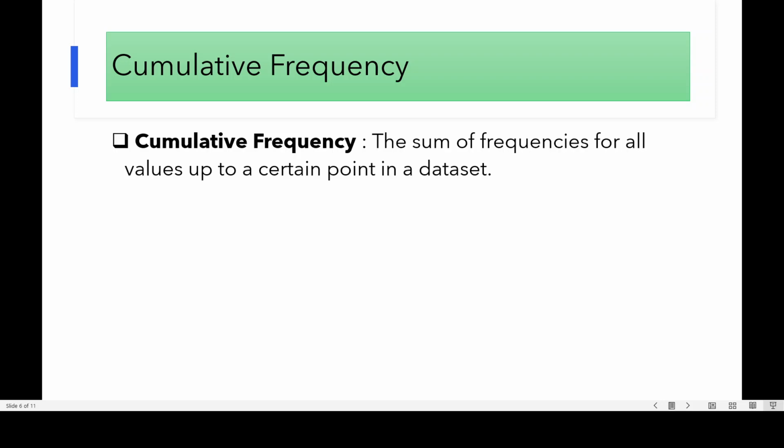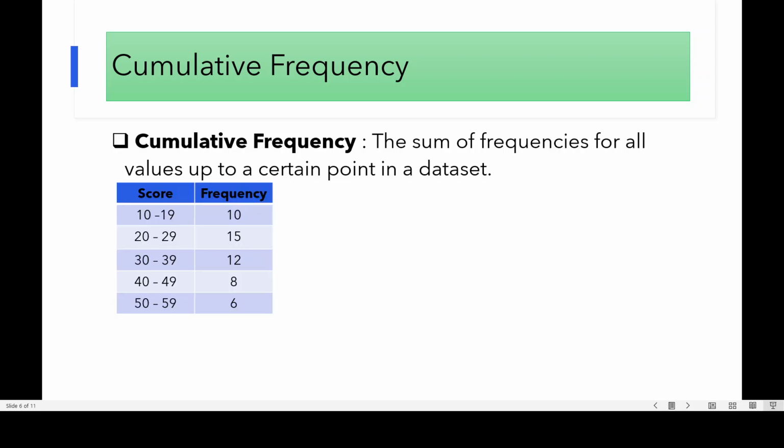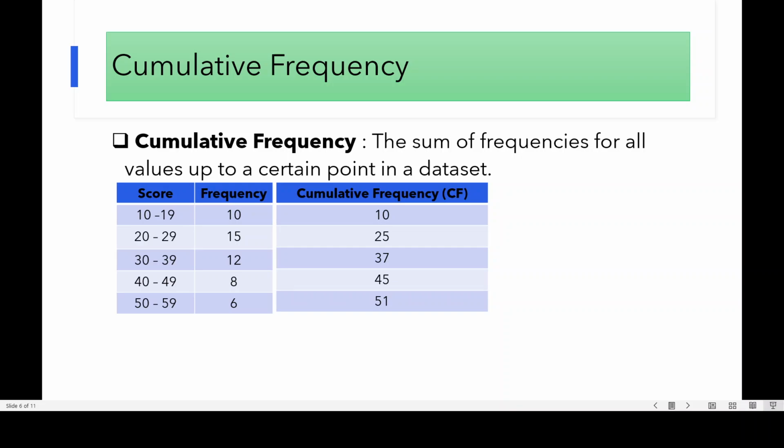Cumulative frequency: the sum of frequencies for all values up to a certain point in the data. This is actually the running total of frequencies within a data set, adding up the number of occurrences of the values below a specific point. Here is a frequency distribution of student scores. There are 10 students having a score from 10 to 19, so the cumulative frequency is 10.